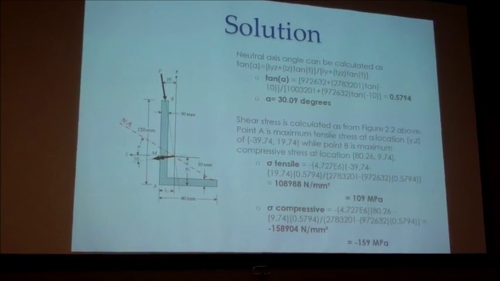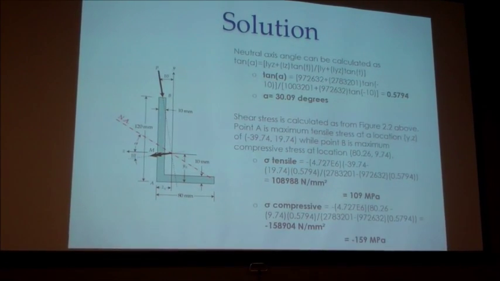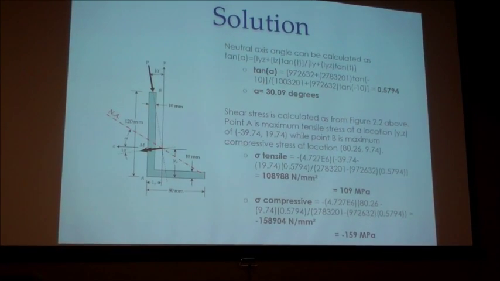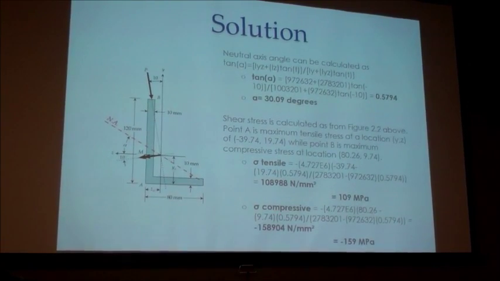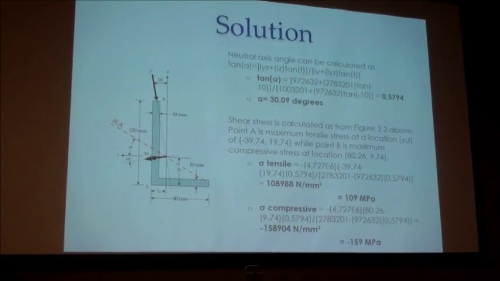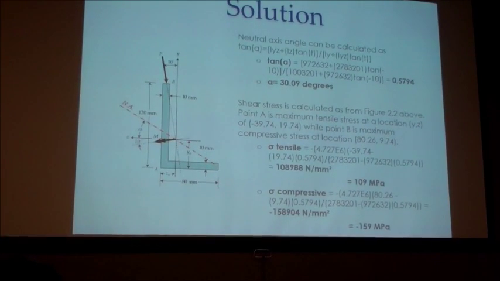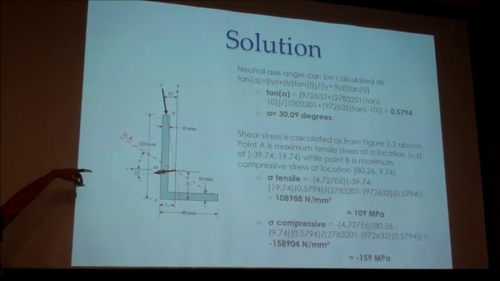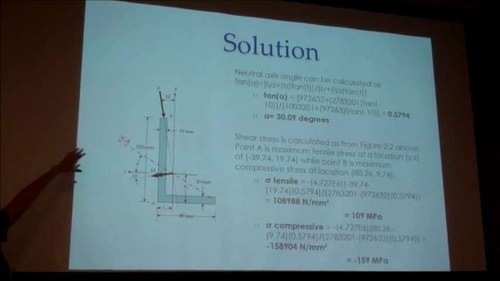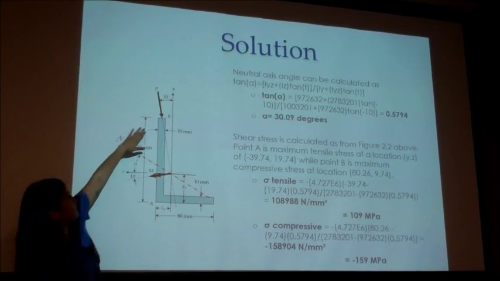So that's 30.09 degrees, and then we just utilize that again in our equation with our moments and our second moment area theorem to calculate our maximum stress for tensile and compressive. And as you can see, our maximum tensile is at point A right down here, and our maximum compressive is at point B way up there.